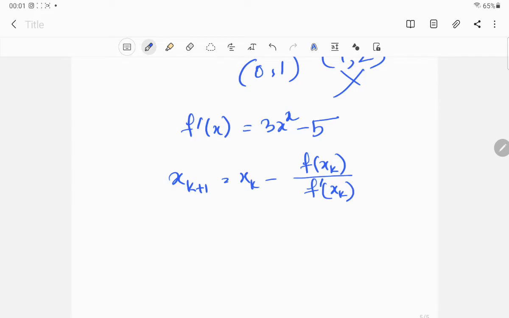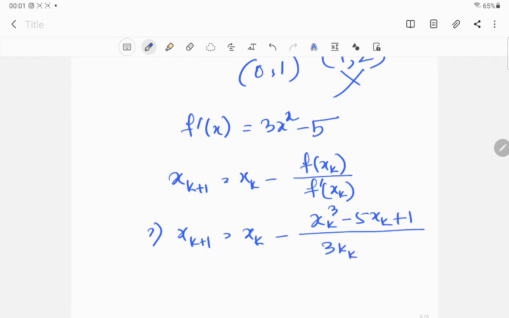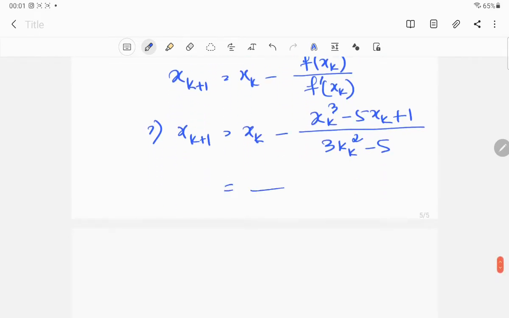Alright, so we need to put the values. So xk plus 1 is equal to xk minus (xk cube minus 5xk plus 1) divided by (3xk square minus 5). Okay, so we can take LCM here.